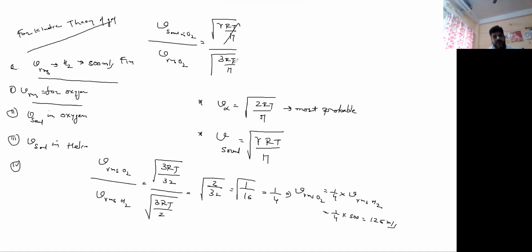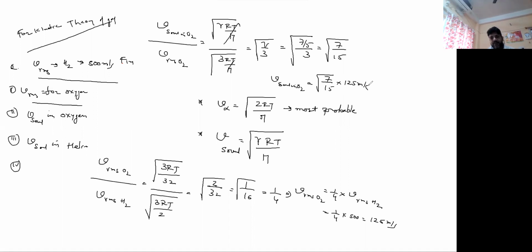So ये पूरा same हो गया, ये हो गया gamma by 3. Now oxygen is a diatomic, so gamma is 7 by 5, by 3, that is 7 by 15. So velocity of sound in O2, that is root under 7 by 15 into 500 meter per second. Yes or no?